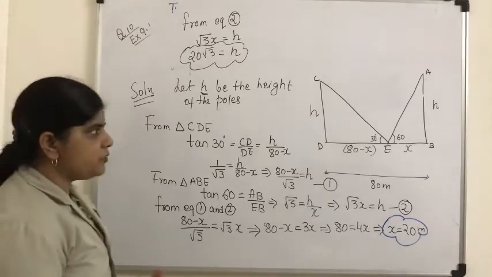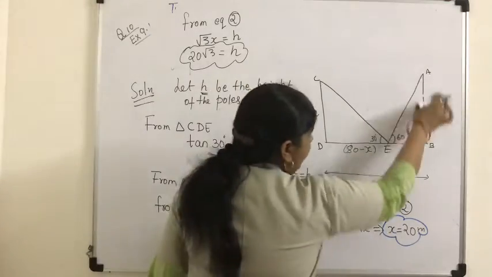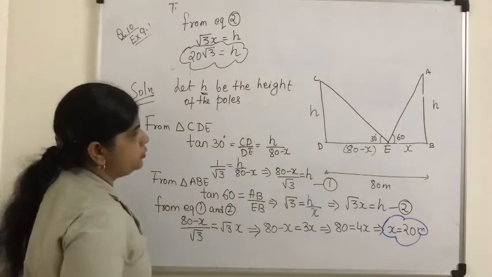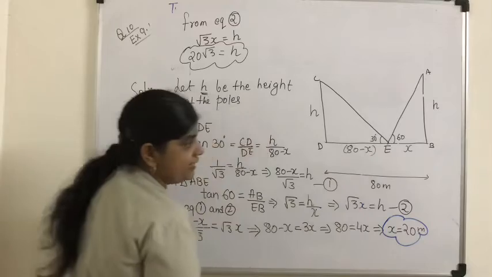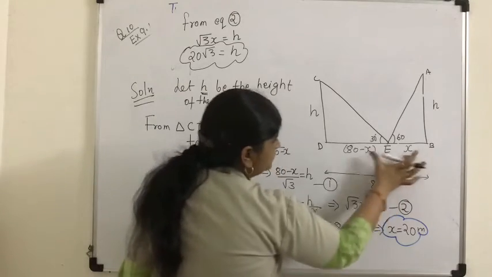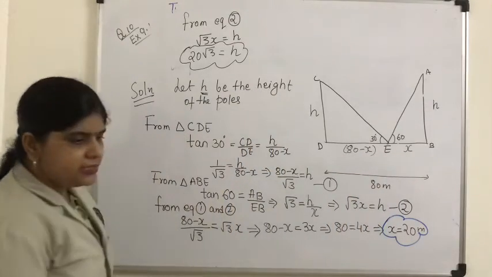So what was asked? The height, which we have found out, 20 root 3, and the distances of the poles from this point E. So we need to find EB and DE. So that result we are going to write.